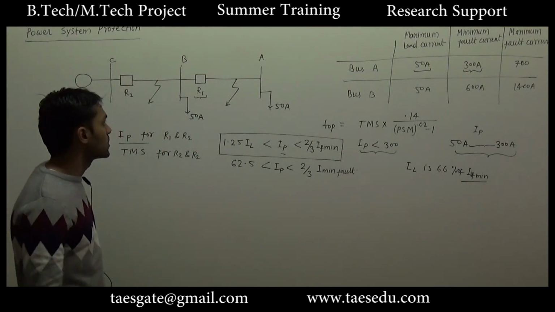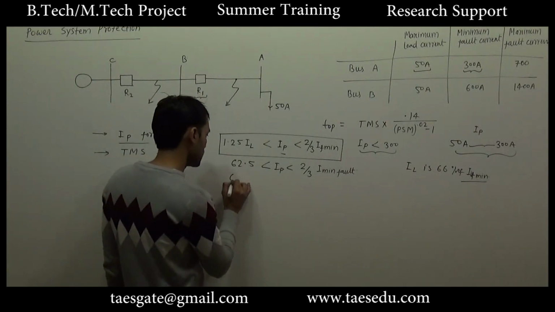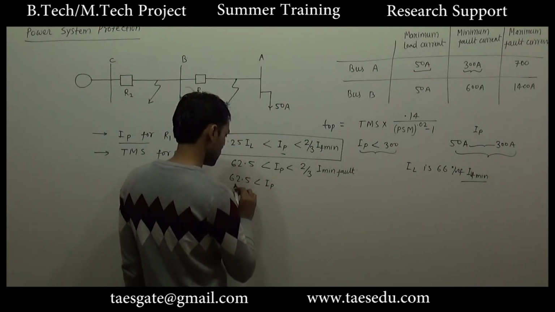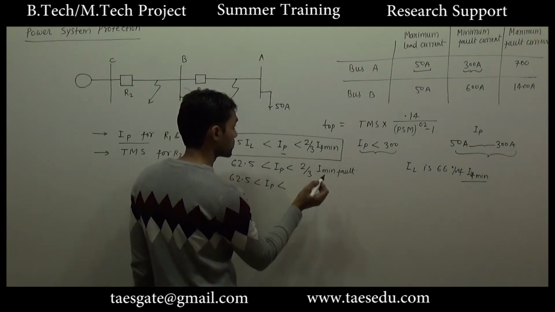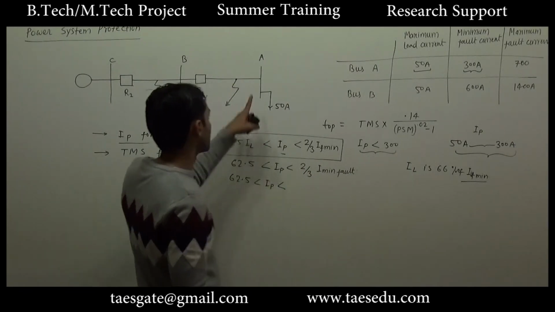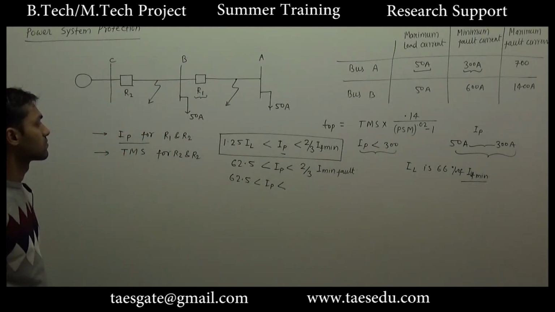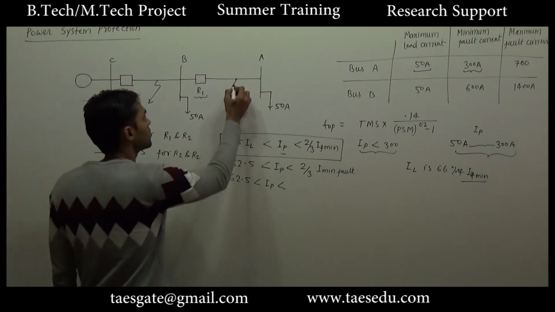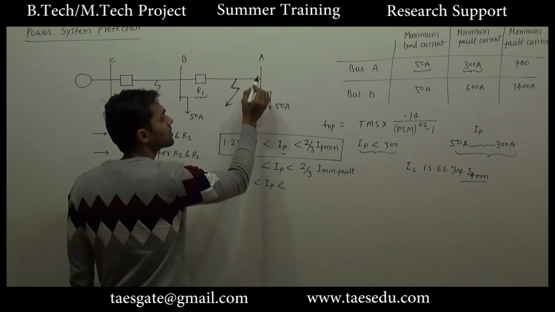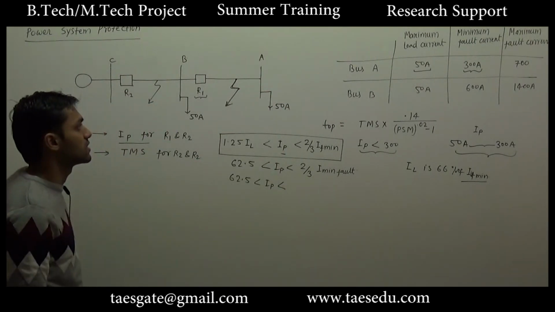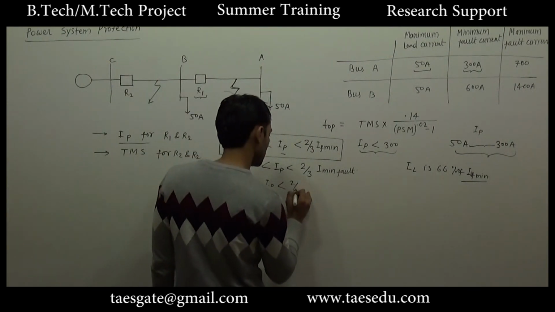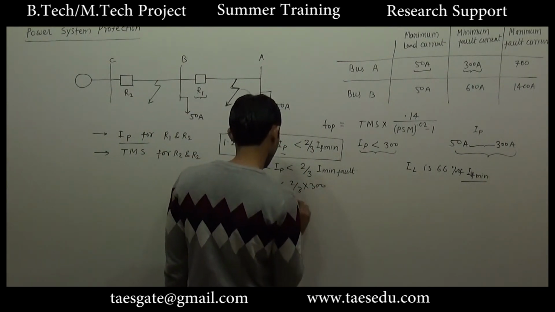So what should be the pickup current? The minimum value of the pickup current should be 62.5, and what is 2 by 3 of the minimum fault current at bus A? Since this fault is at bus A, we have to consider the minimum fault current at bus A. So we will use 300 ampere here.